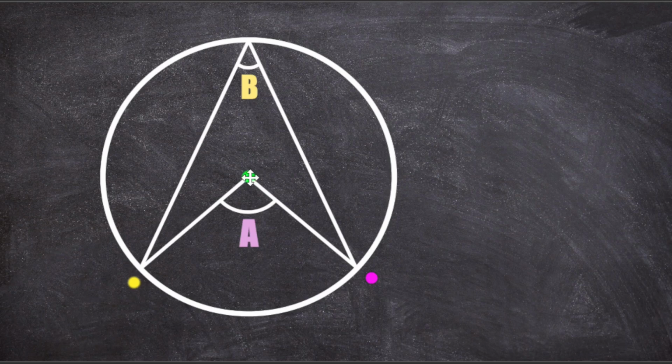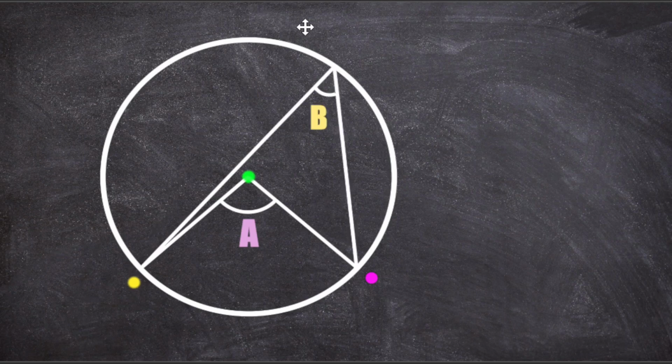Notice that because the first two lines go from the center to the edge, they are the length of a radius, so these two are the same length, but there's no guarantee that the other two lines are the same length. In fact, you could have this situation where the same thing happens, but you can clearly see that this length is shorter than this length.